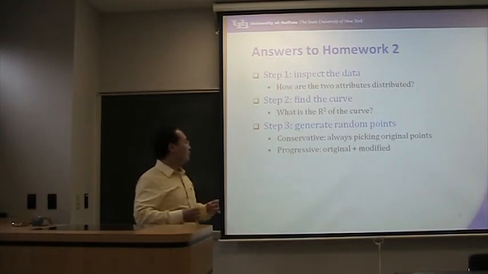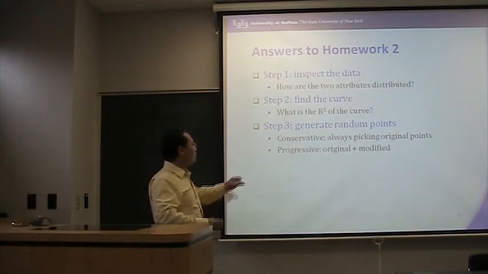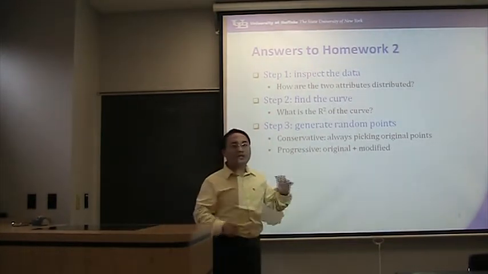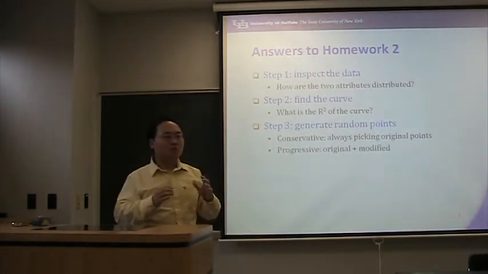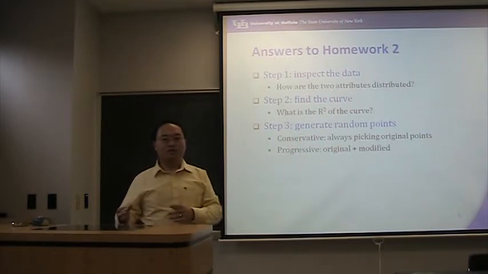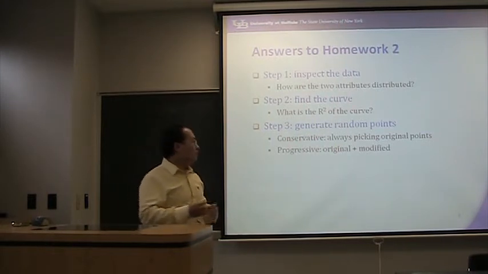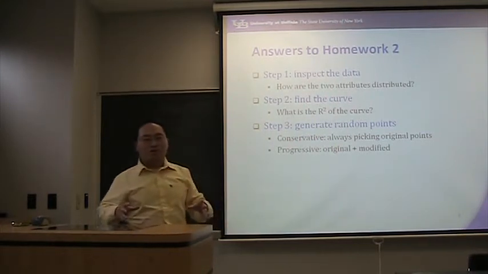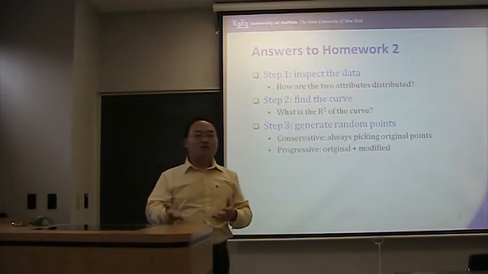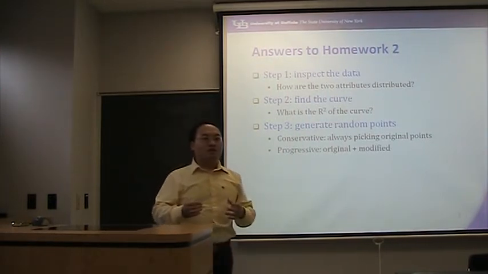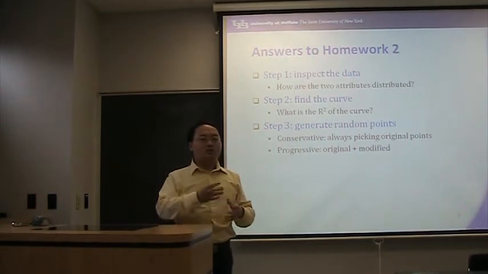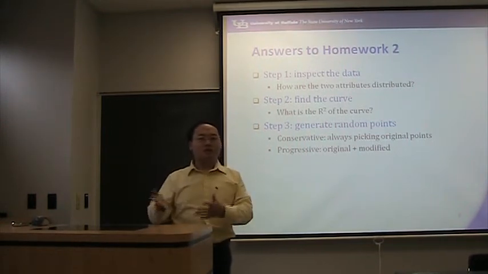And that was conservative, because in this way, you are not going to generate any new points. No matter how many points you generate, they will always be the old points. So for example, if you are going to generate 5,000 people out of 1,000 people, that probably means each person will be cloned 4 times.